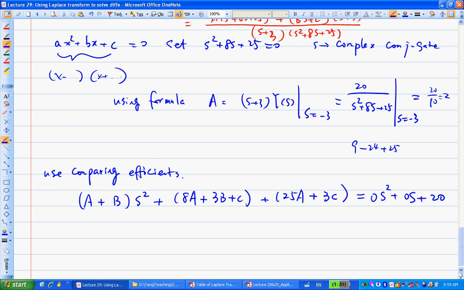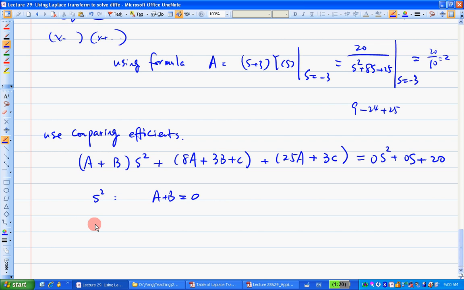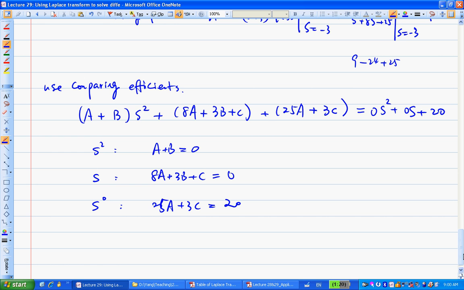So now comparing coefficients, for S squared we have A plus B equal to 0. For the S term we have 8A plus 3B plus C equal to 0. For the S to the power of 0 term, which is the constant term, we have 25A plus 3C equal to 20. So 3 equations, 3 unknowns.